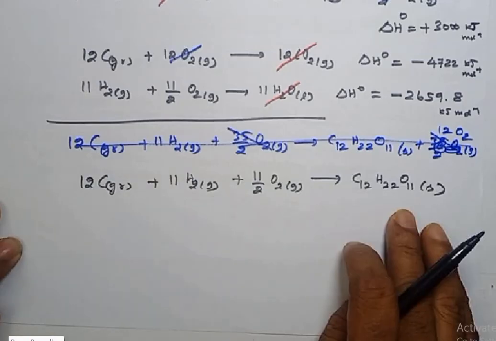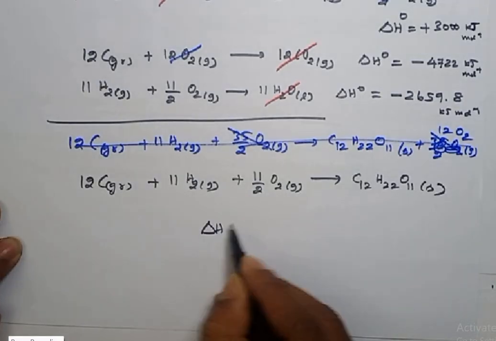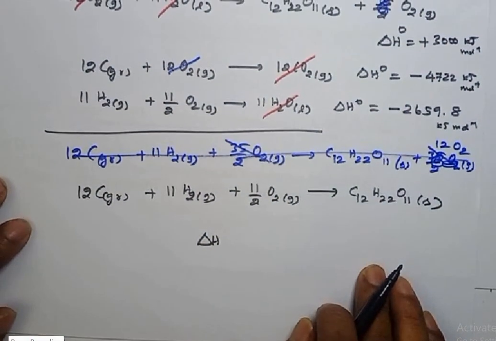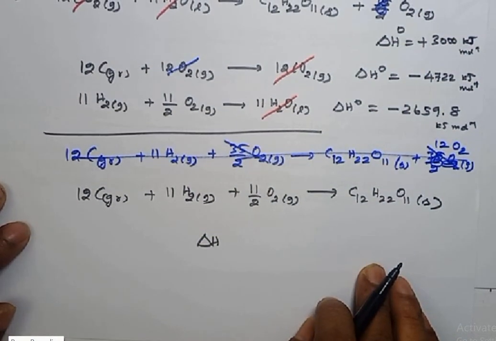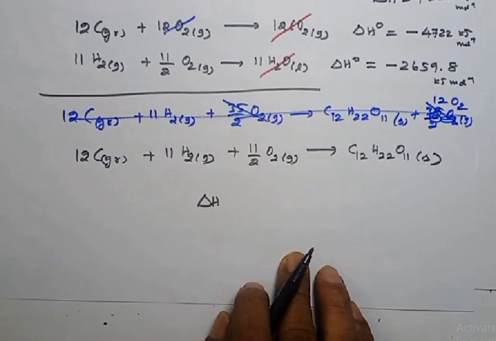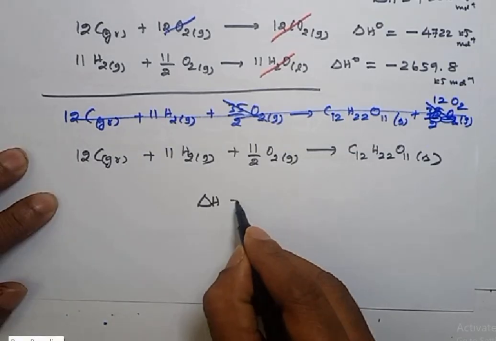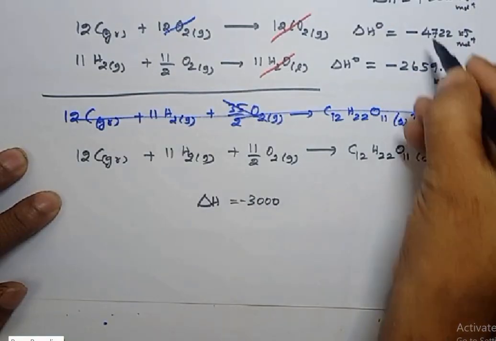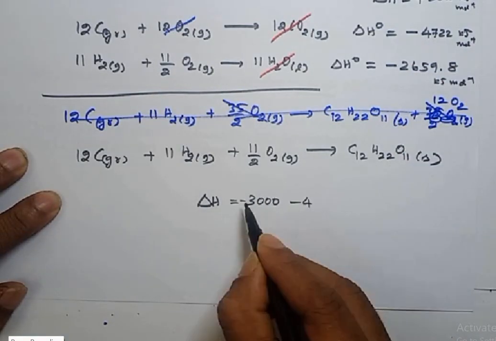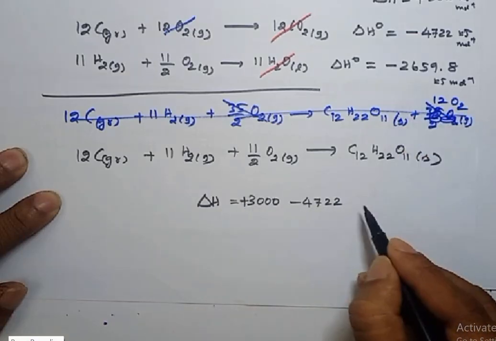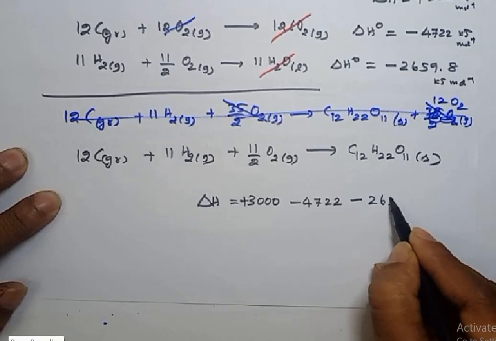Now what is the enthalpy of this reaction? Very simple. We have added everything, therefore the enthalpy is supposed to be added. So if I add everything, what will I get? Listen. Here I have 3000 plus 3000, minus 4722, and here I have minus 2659.